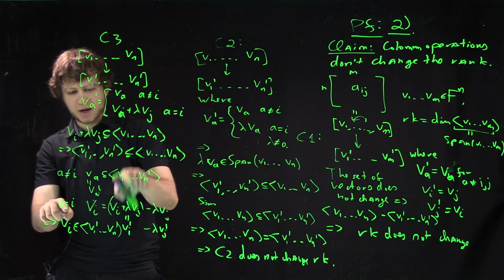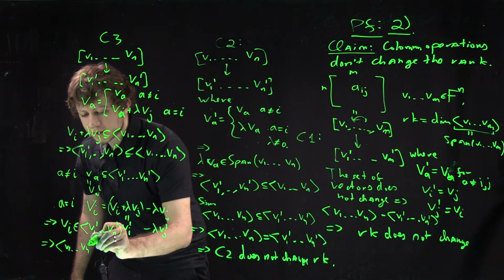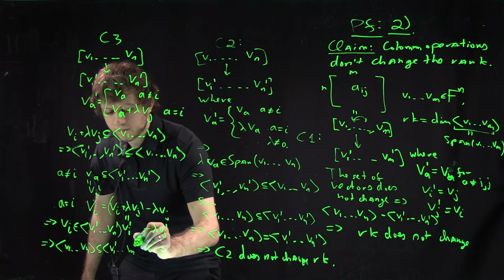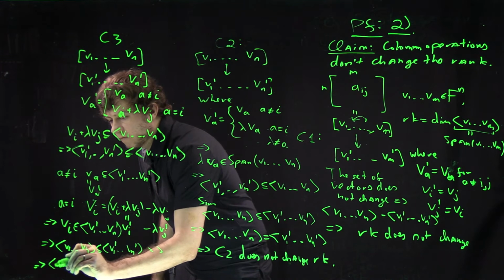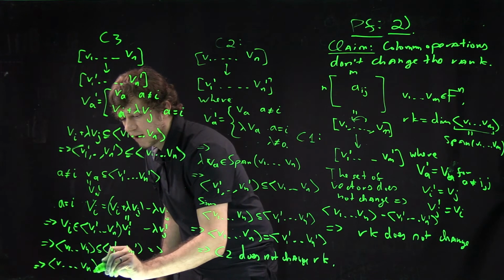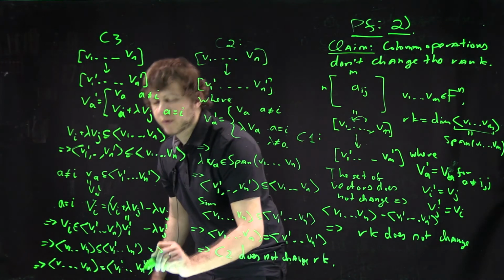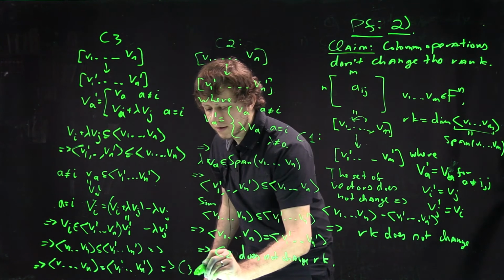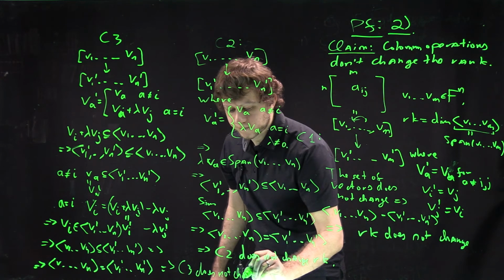Then the span of v1 up to vn is inside the span of v1 prime up to vn prime, and we conclude that the span of v1 up to vn is the same as the span of v1 prime up to vn prime. So again, this transformation does not change the subspace, and so C3 does not change the rank.